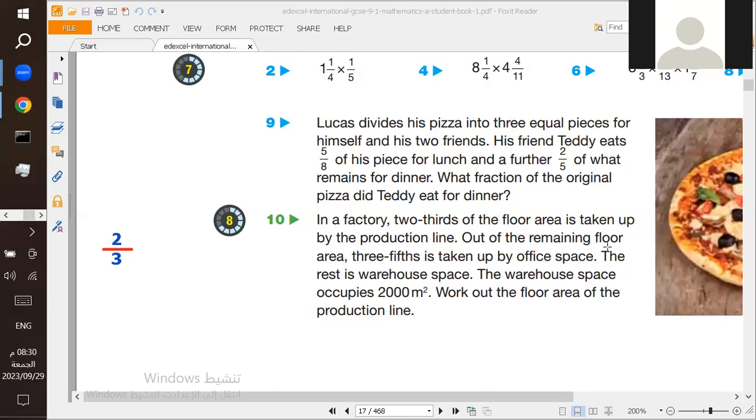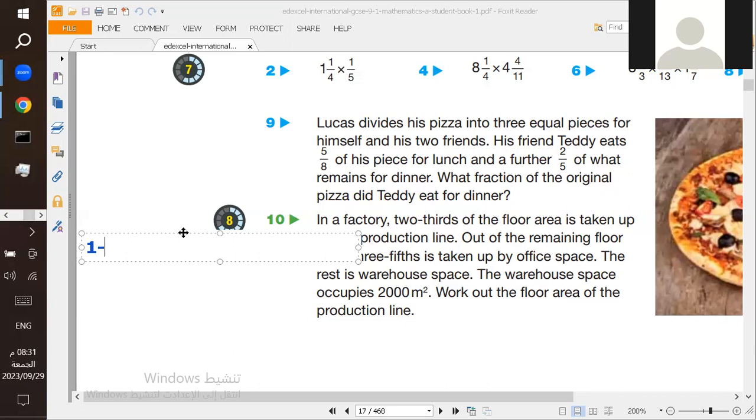Out of the remaining floor area, 3/5 is taken up by the office space. So the factory 2/3 is taken by the production line, but then out of the remaining, what's remaining from this? The remaining is 1/3. How do I know what's remaining? I subtract it from 1. So 1 minus 2/3.